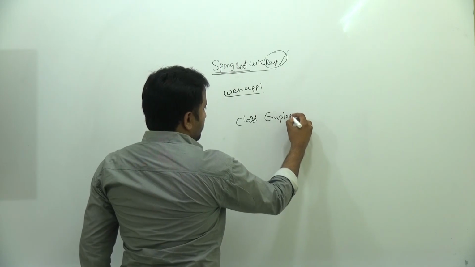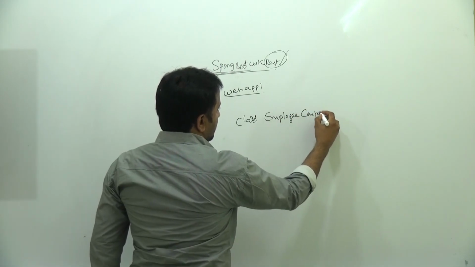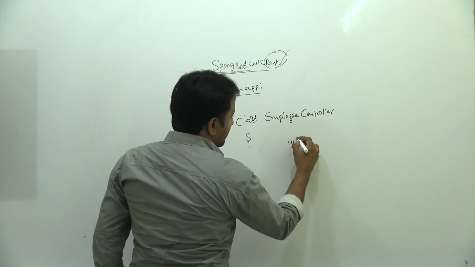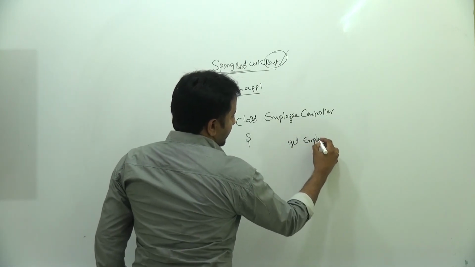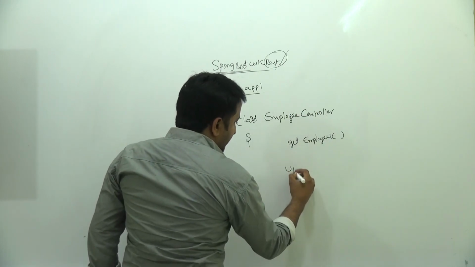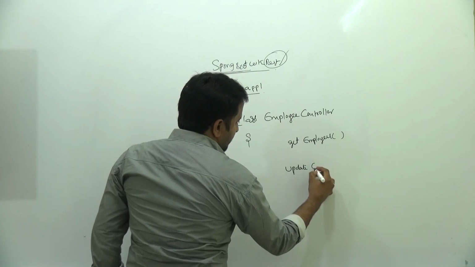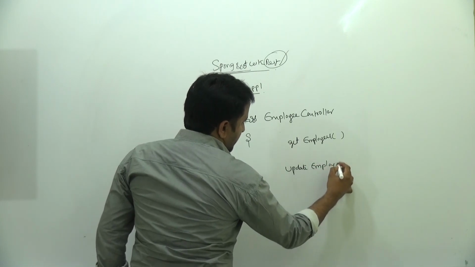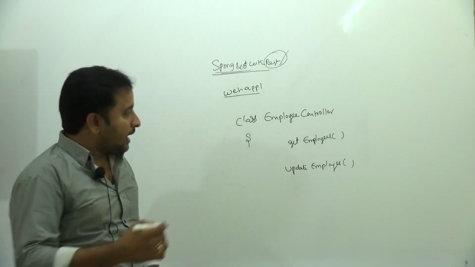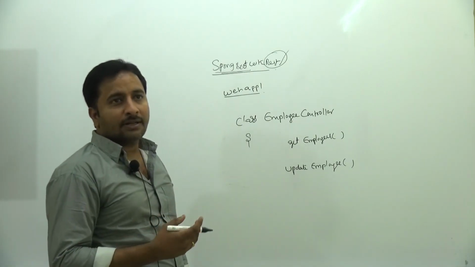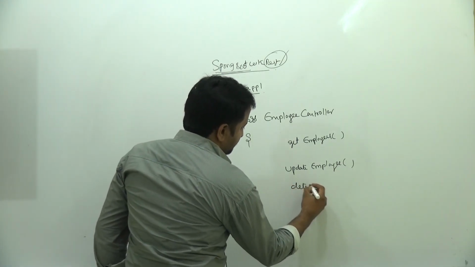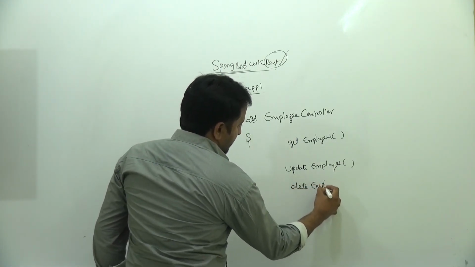So what is the use of the employee controller? There are different functionalities. Get employee is one function, update employee is one more function, and delete employee is another.